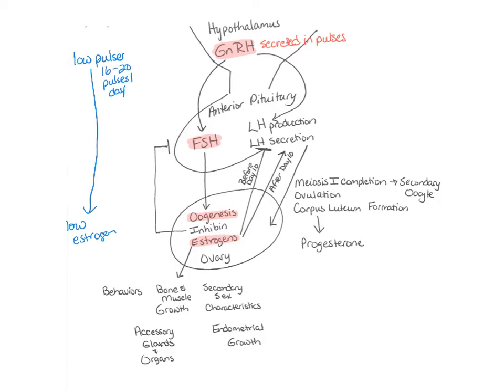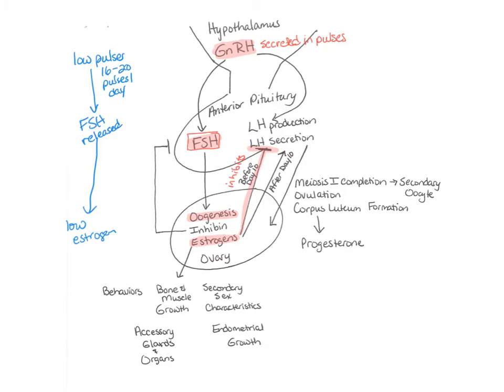At this frequency, FSH is the dominant hormone released by the anterior pituitary. So FSH is stimulated by this lower pulse frequency. The estrogen released by the developing follicles also inhibits luteinizing hormone, so the only hormone that's really being released is the follicle-stimulating hormone in this early phase, and luteinizing hormone is being inhibited.